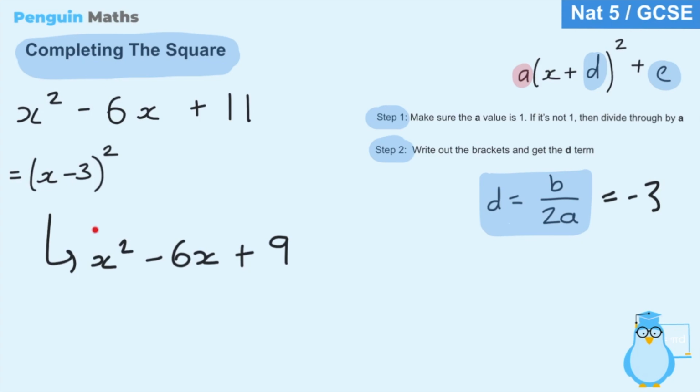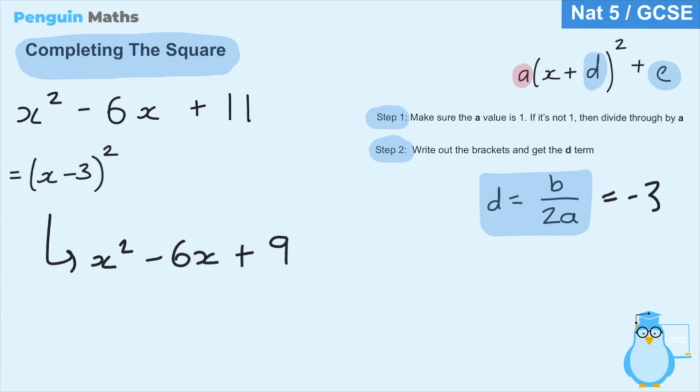And you can see that the first two parts of this multiplied out give us x squared and this minus 6 up here. And that's why we want to divide this value by 2 that we have on the bottom here, and that's also why we wanted the a to be 1. So there's no coefficient to the x squared term, and it can be put in the brackets in this form.